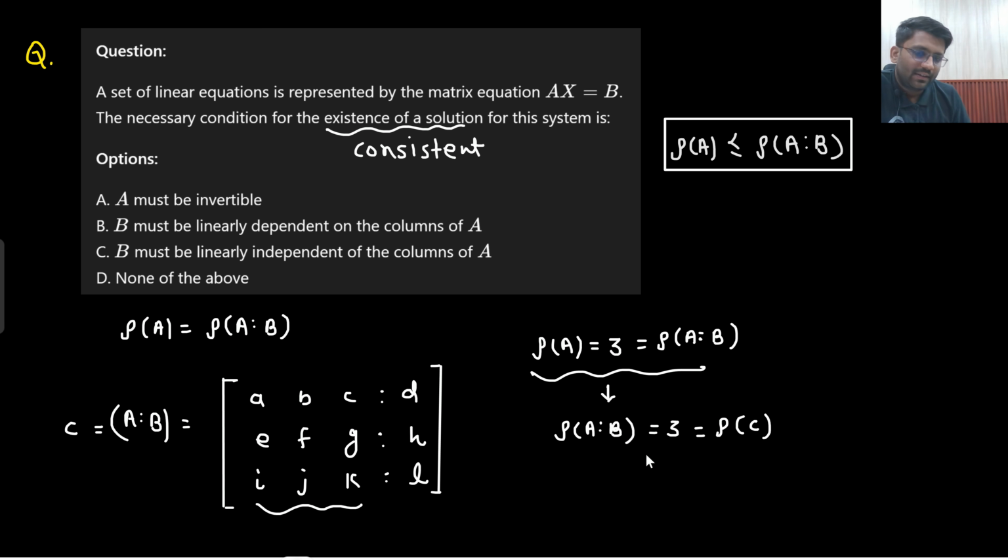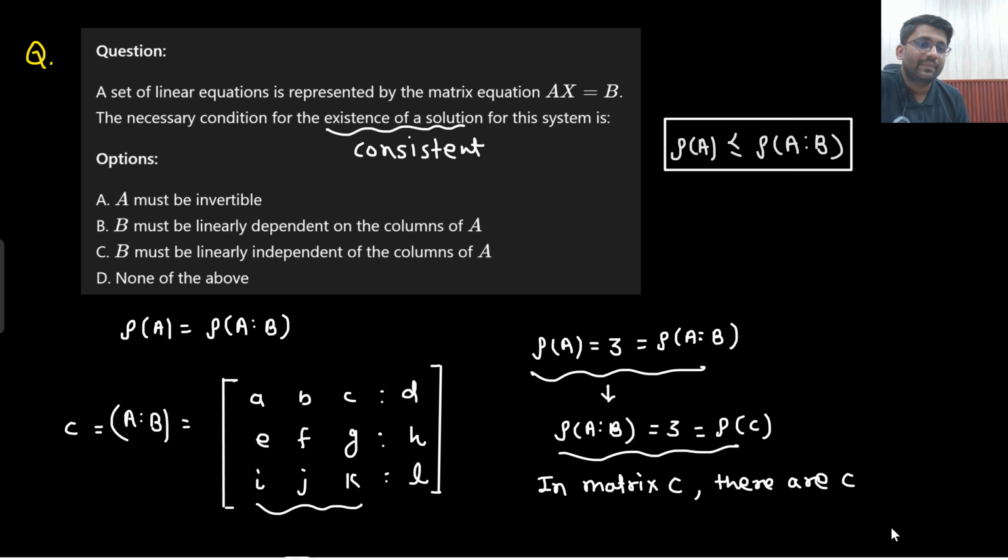What I can say is that in matrix C, there are 3, what is the rank? Rank is 3. So there are 3 independent columns, and 1 dependent column, right?